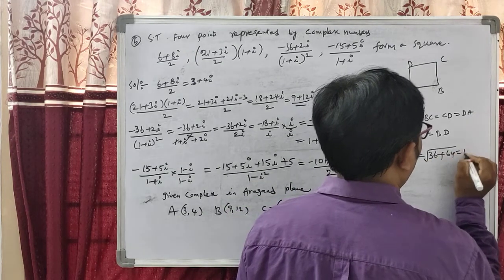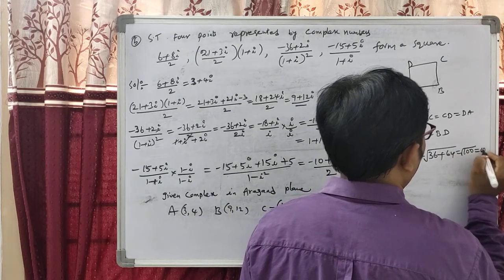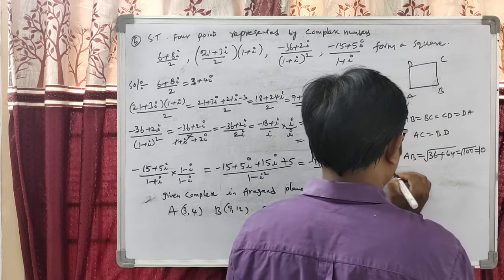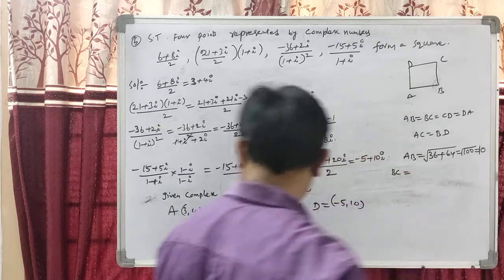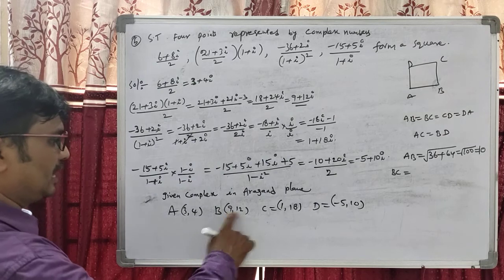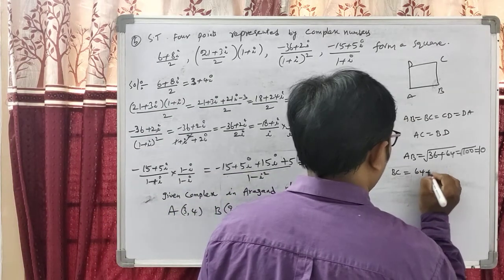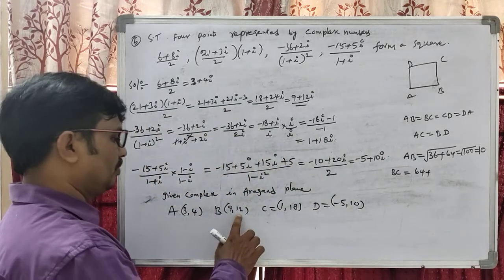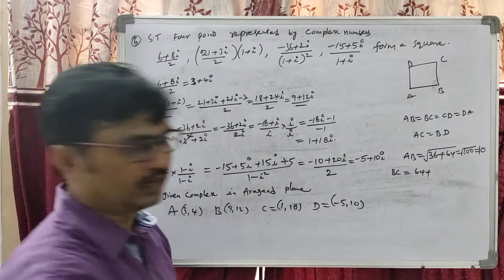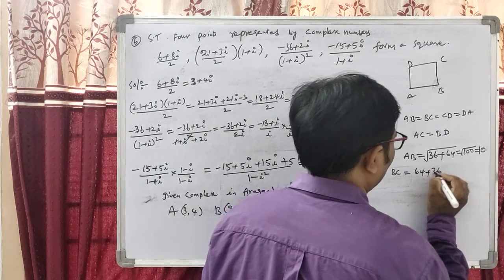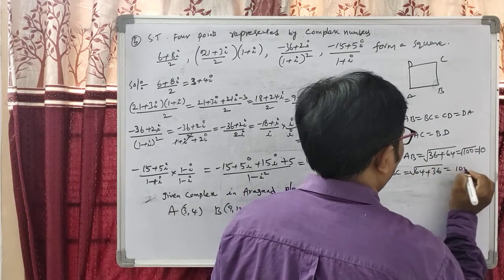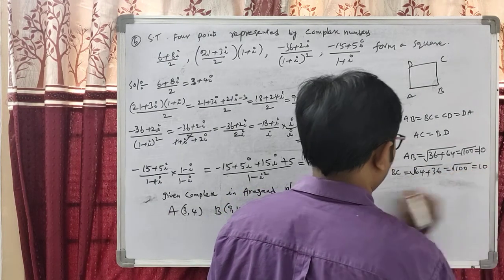That is root of 100, that is 10. Okay students, now find BC. 9 minus 1 is 8, 8 square is 64. After that 12 minus 18 is minus 6, square is 36. So this is also root of 100, that is 10.